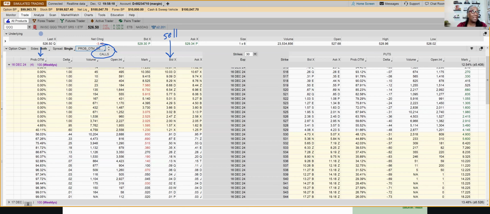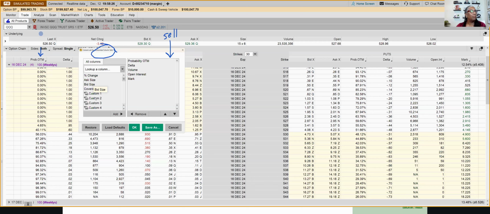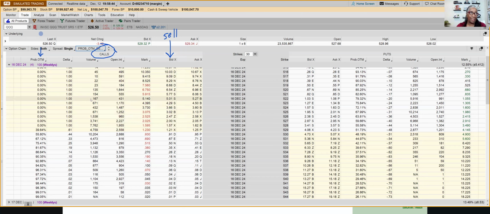There's probability ITM, there's the delta, volume, a whole slew of things to pick. So if I went customize, see all these things over here, you can pick all kinds of stuff to put on your option chain. And the more things you put on here, the less room you have to see everything. So I try to keep the least amount of stuff on mine as possible because too many things are distracting. All right. That was that.